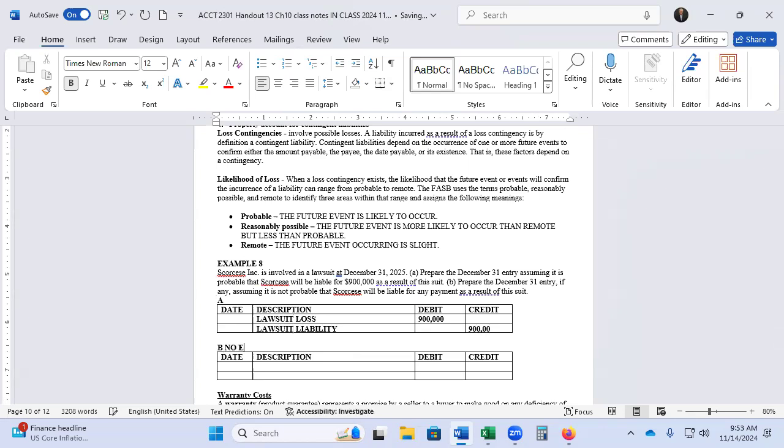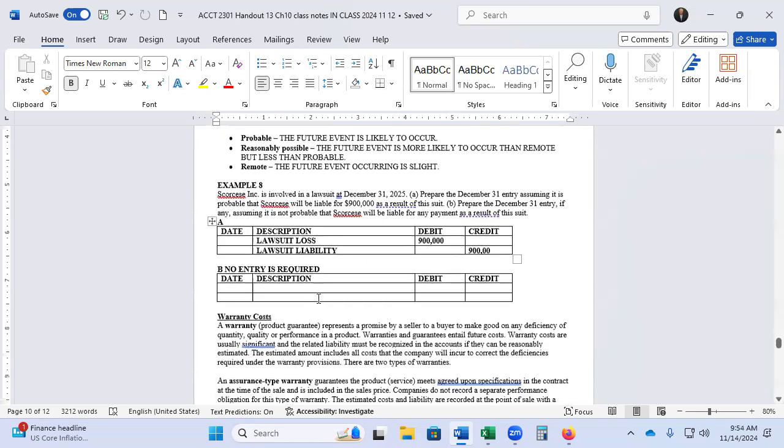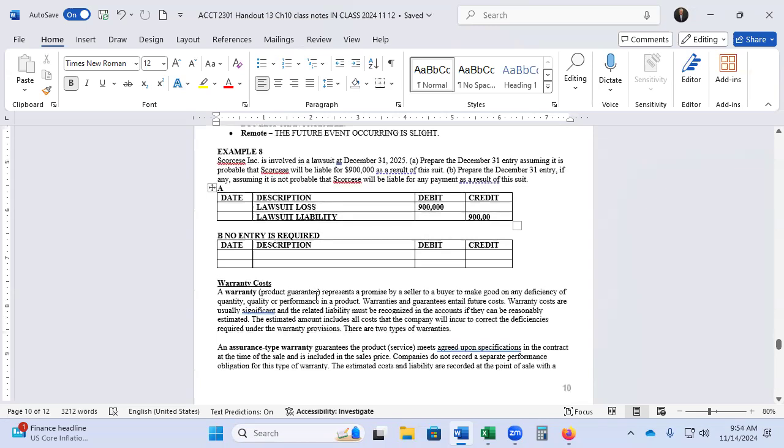And for part B, no entry is required. Any questions on example 8?